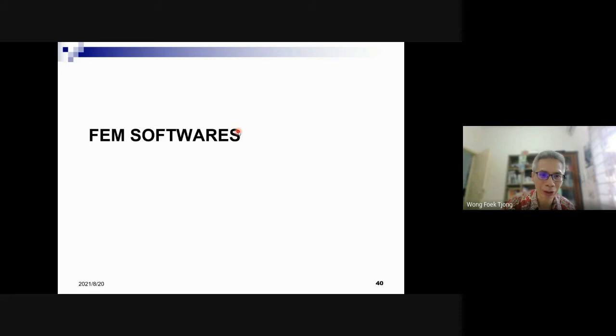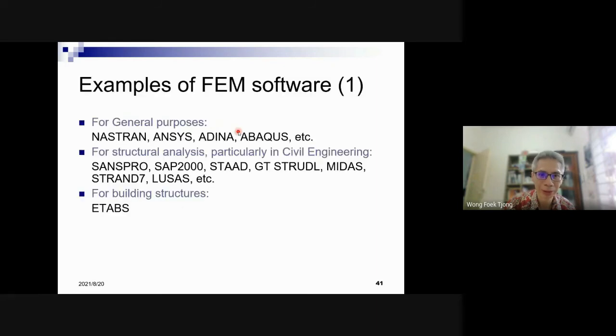Okay, let's talk a little bit about software. Currently, there are many software packages in the market. This is just a few examples: Nastran, ANSYS, ADINA, Abaqus. These are normally very expensive software used for research in the finite element domain, or can be for industry, maybe the car industry.